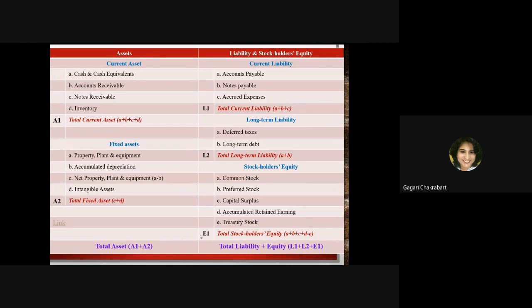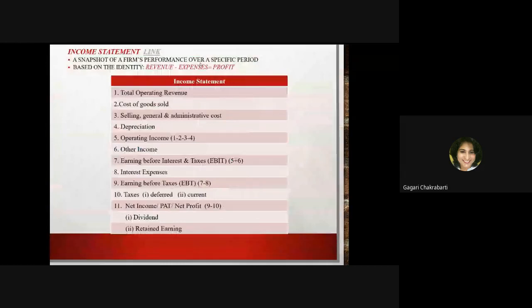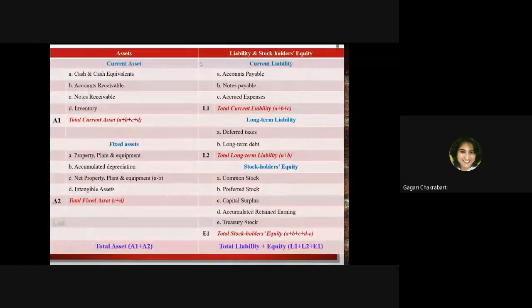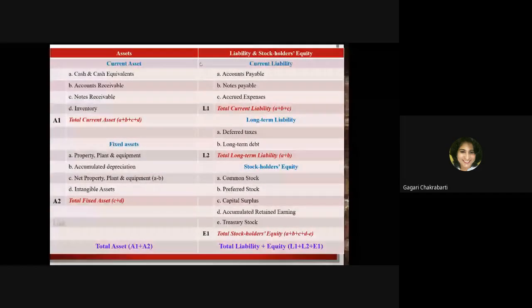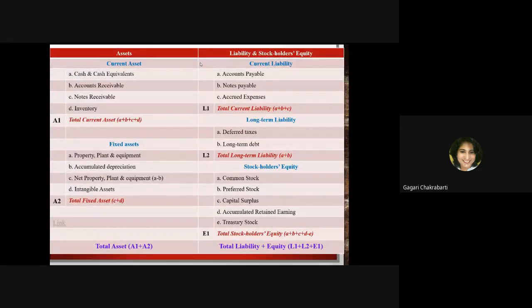So in the stockholders' equity, we are considering the equity that might be going to the stockholders, or that might be related to the common stockholders' equity. Now treasury stock is something which is not related to the stockholders' equity.